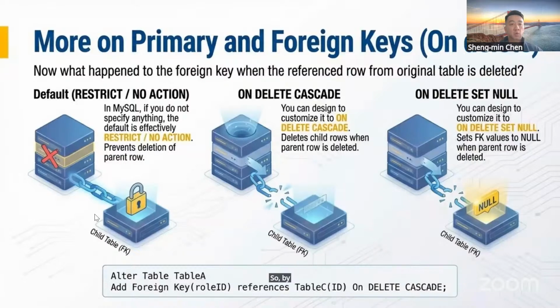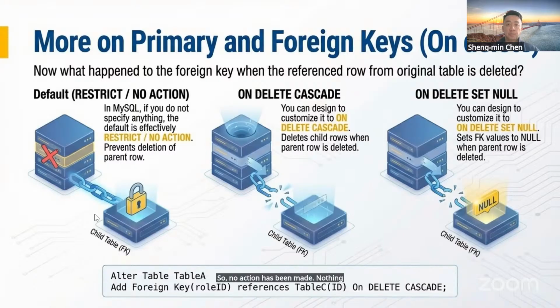So by default, it would be restricted, meaning nothing will happen. You're likely going to get a very generic error message about a foreign key or a referential reference. So no action has been made.